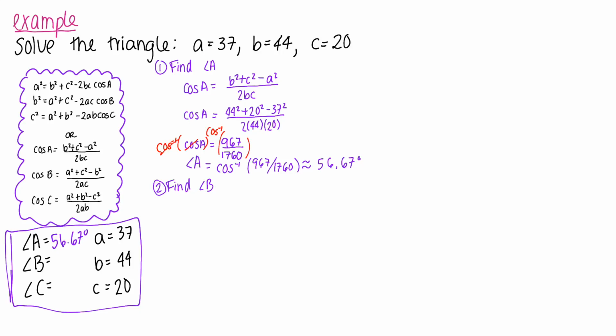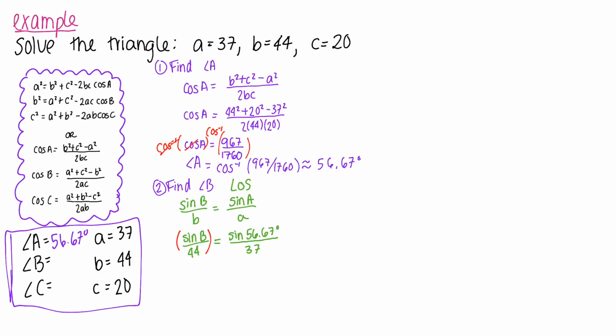And I am now going to find angle B using law of sines. So I'm using law of sines here. Sine of angle B over B is equal to, we know everything about A, so sine A over A. So sine B over 44 is equal to sine of 56.67 degrees over 37.